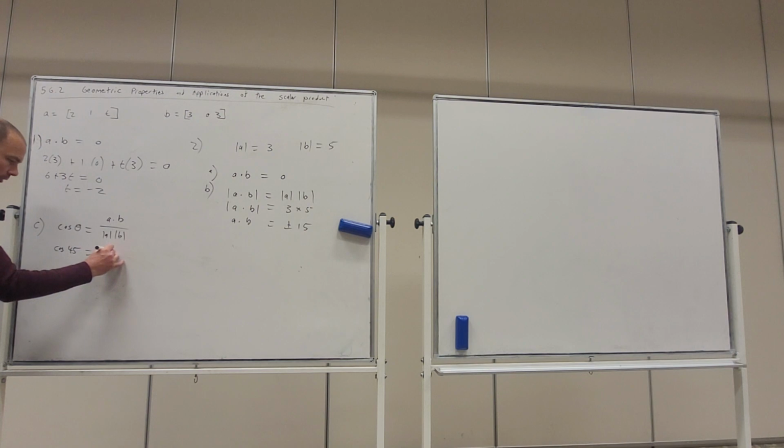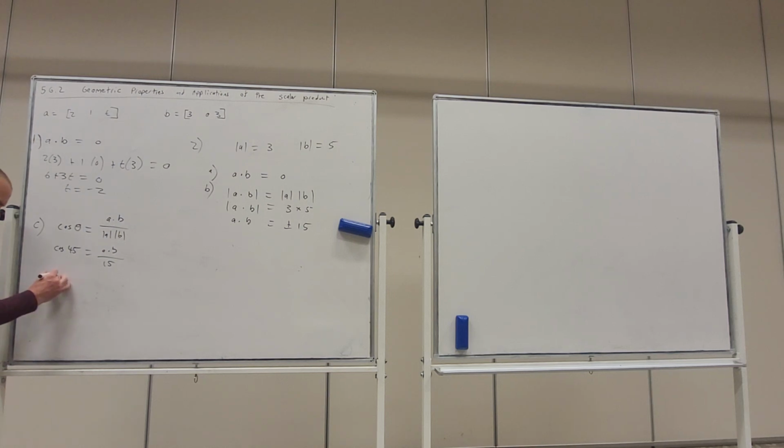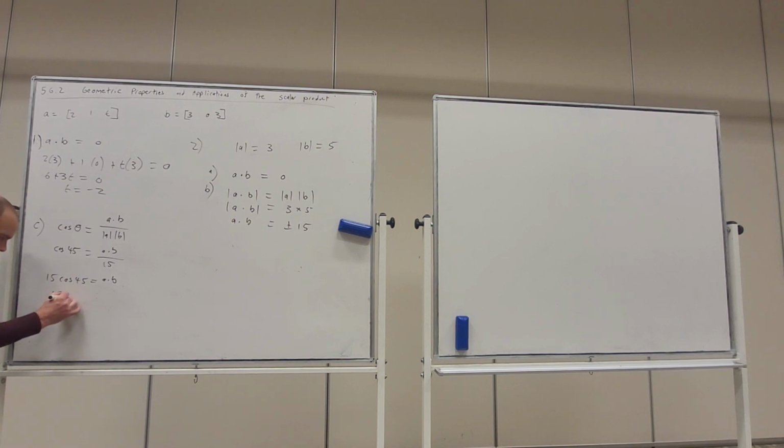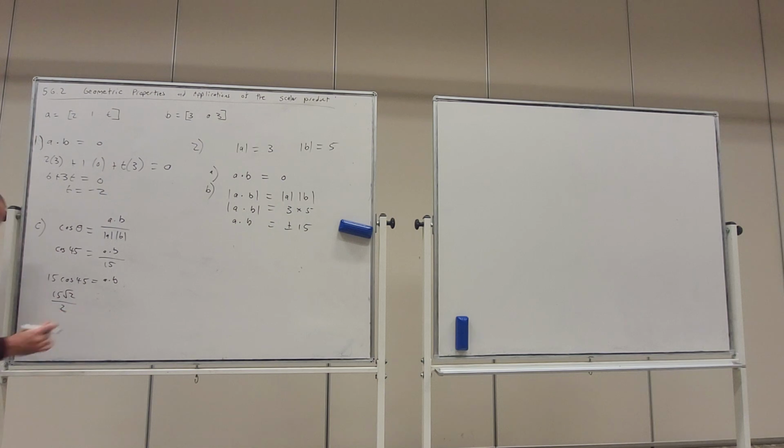When we want to know the dot product, and we know the modulus of A times the modulus of B is 15, we'll multiply both sides by 15, and we'll get 15 cos 45 is equal to A dot B. And we can evaluate that. Cos 45 is root 2 on 2, so we've got here 15 root 2 on 2. Excellent.